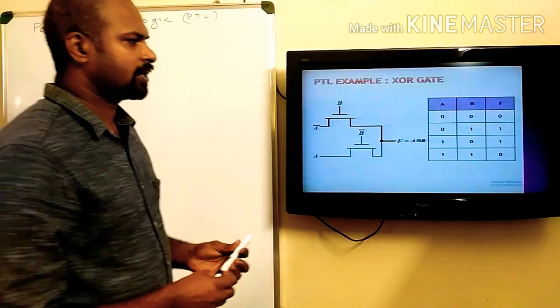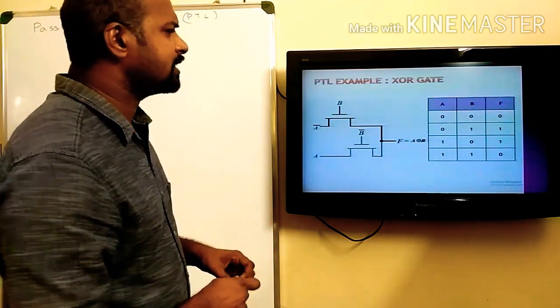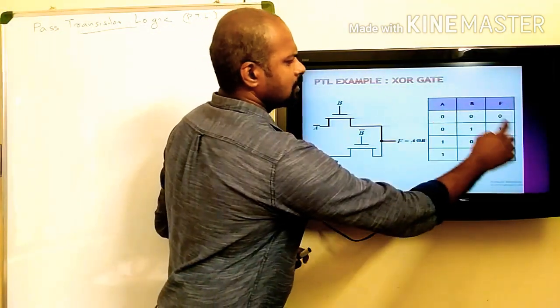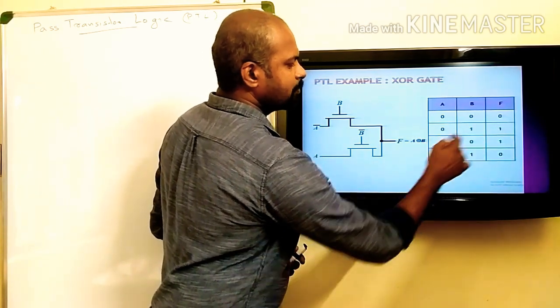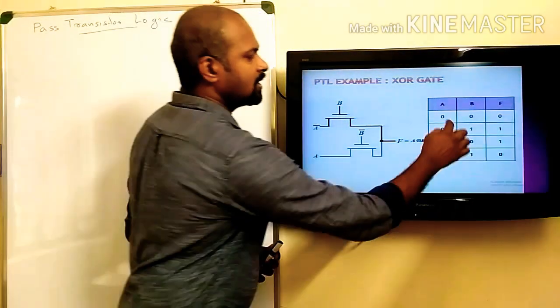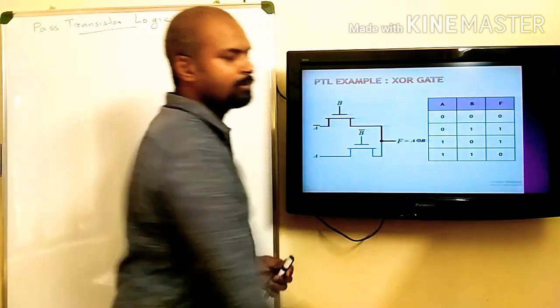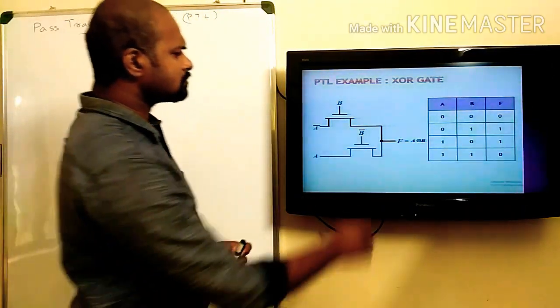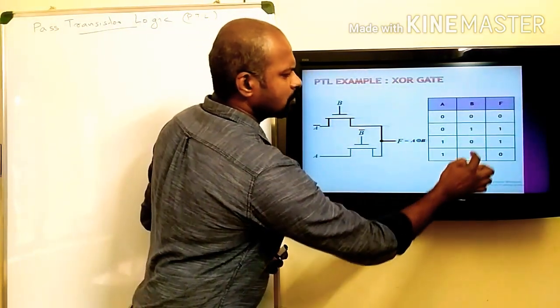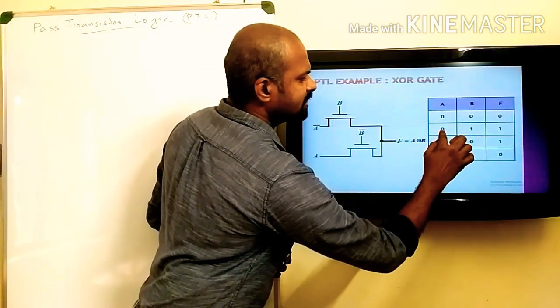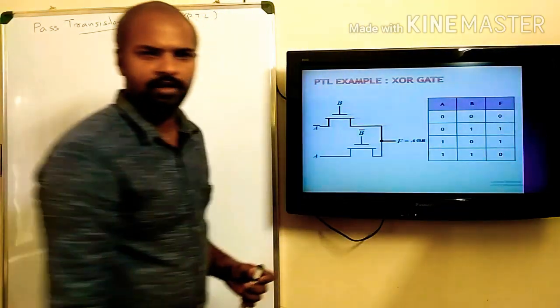Now the case of an XOR gate. In an XOR gate, the output function will be equal to logic 1 when any one of the inputs is logic 1. When both are zeros or both are ones, the output will become 0. So here, if B equal to logic 1, the output is the inverse of A, right?